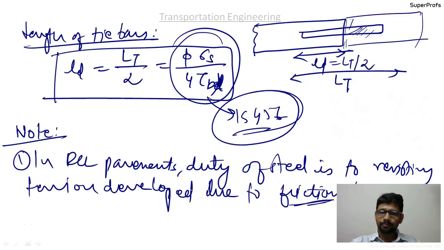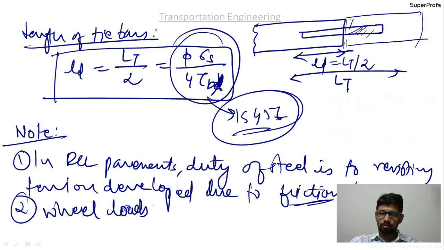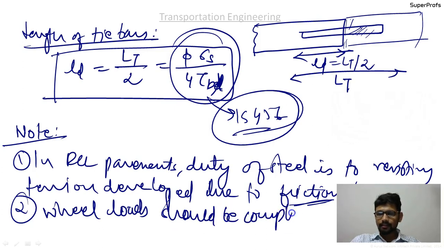Secondly, the steel is not provided to resist the wheel loads, guys. It is very important to note that the steel is for resisting these secondary stresses, and wheel load stresses should be completely resisted by concrete alone. So please write down, the wheel loads should be completely resisted by concrete alone.